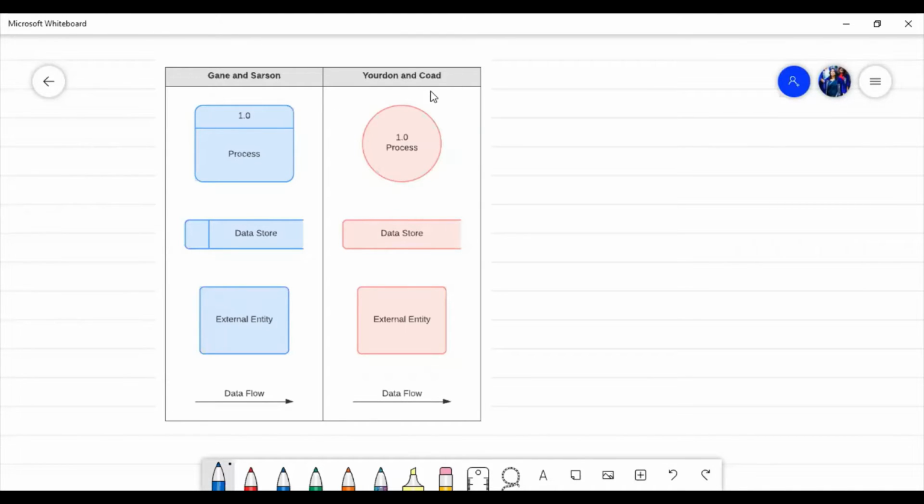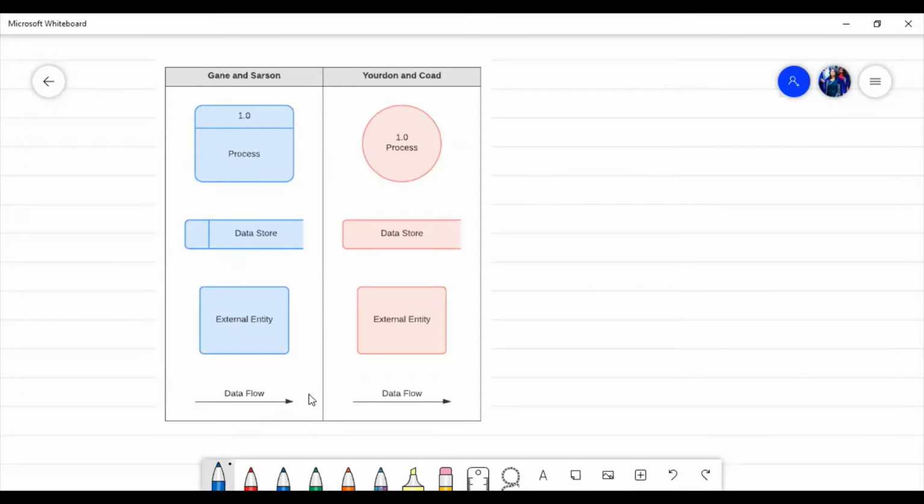And Yourdon and Coad, another two different authors, invented these set of symbols. So you could see in Gane and Sarson, this is how we have to denote a process. This is a rounded rectangle, and then this is how we are supposed to denote a data store. And this is how we have to denote the external entities, and the flow of data we could denote by using the arrow. An arrowhead defines the direction of the flow.